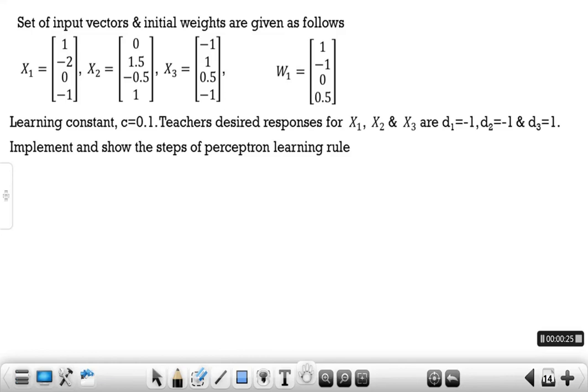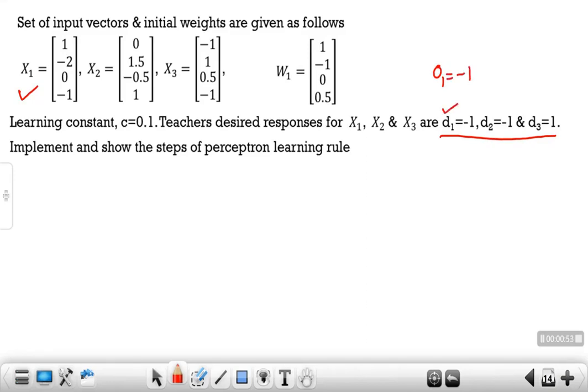Remember that the perceptron learning rule is a supervised learning rule, and that is why we are given the teacher's desired response for x1, x2 and x3. Whenever input x1 is presented, it is expected that the output o1 has to be -1.